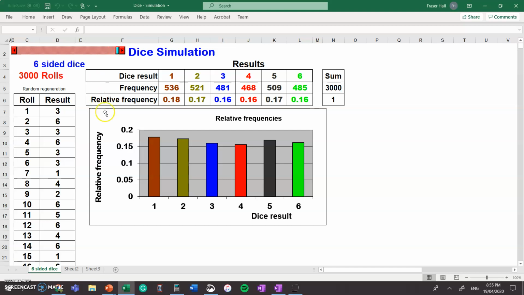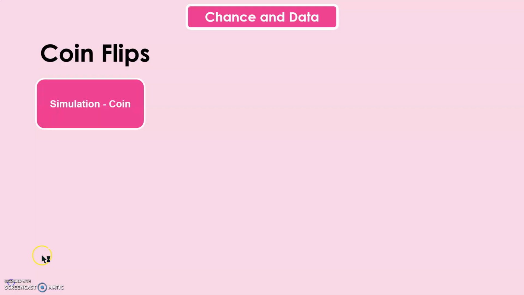And you can see that the results are relatively close: 536, 521, 481, 468, 509, 485. But the differences in their relative frequency are very low. So for us to work out that relative frequency, all we're doing is going 536 divided by 3000 and so on.